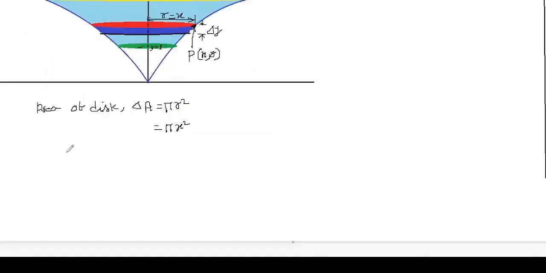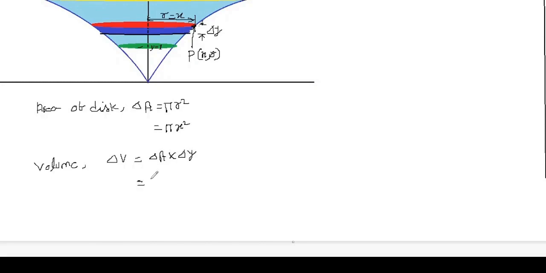Now to find the volume of the disk, which we can denote by delta V, this is simply the area, delta A, multiplied by the width, that is delta y.